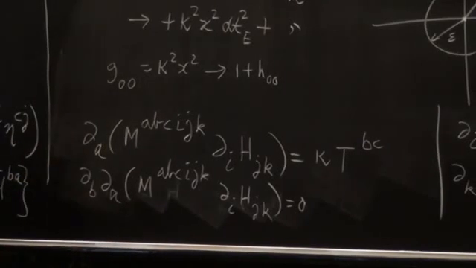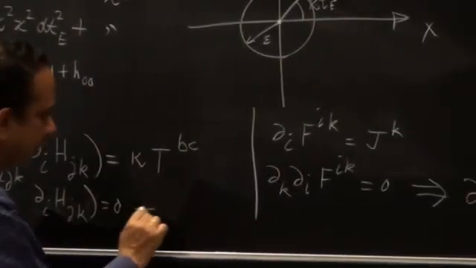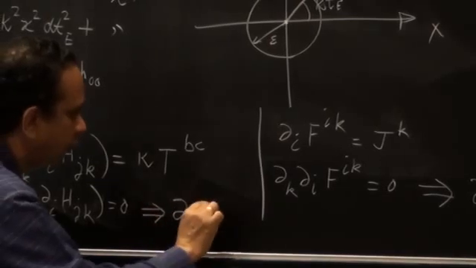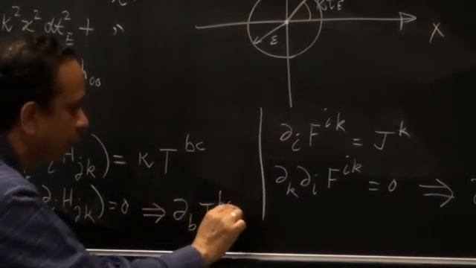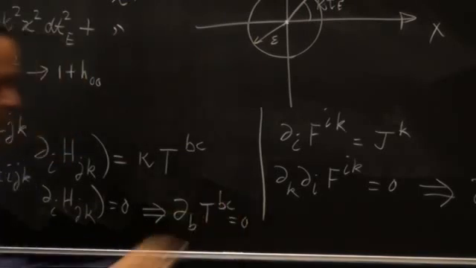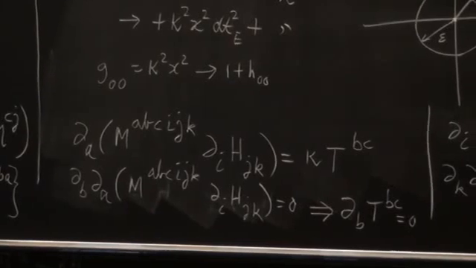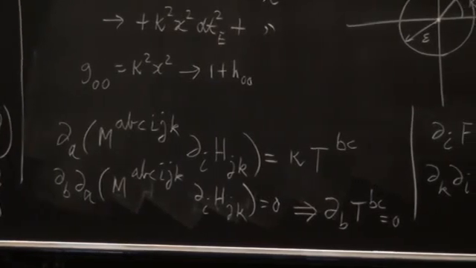But when you plug this in here, you end up getting the constraint that ∂_B of T^{BC} equals 0. This is the problem, it's a well-known problem, that to the linear order, if you couple the graviton to your energy momentum tensor, it implies that that quantity has to be conserved.